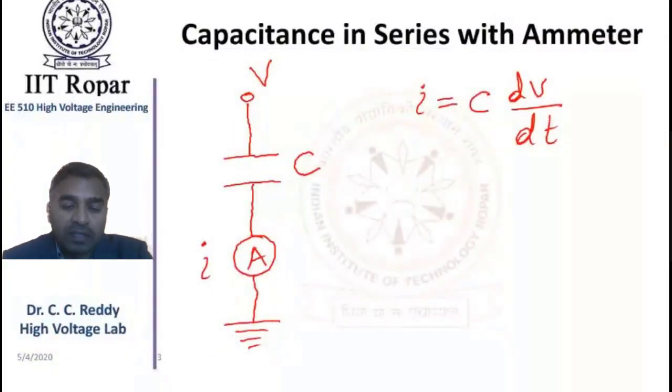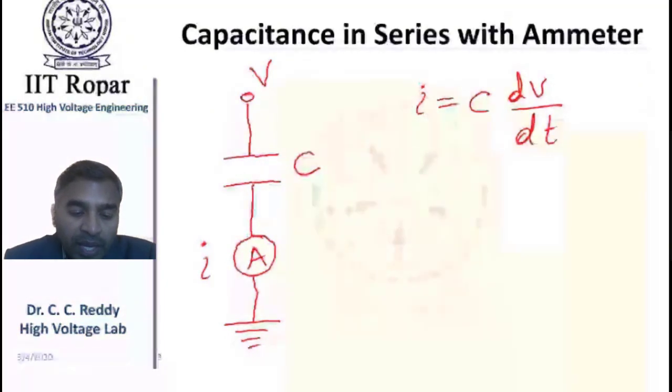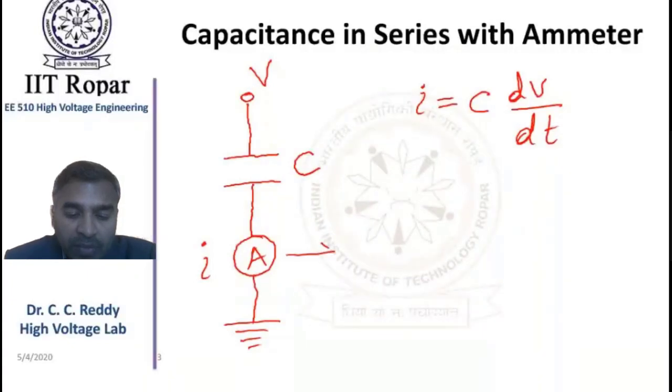But there are certain difficulties. Let us see what those are. Now, that ammeter is an RMS reading meter.